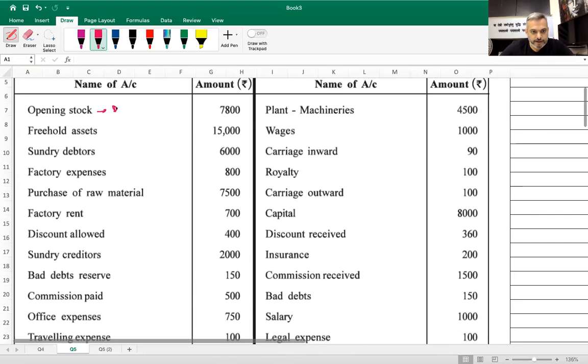Opening stock, debit, freehold asset, debit, sundry debtors, asset, right to receive the money, debit, factory expense, kharcha, debit, purchase of raw material goods comes in, debit, factory rent, kharcha, debit, discount allowed, debit, sundry creditors, credit, liability, bad debt reserve.